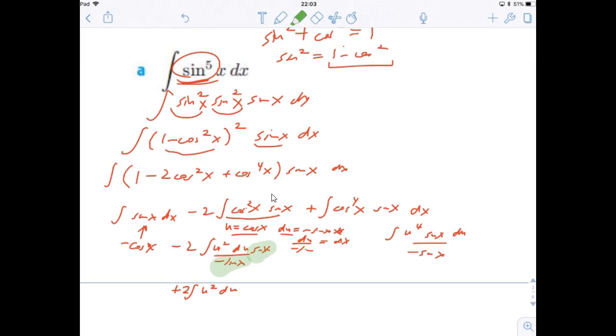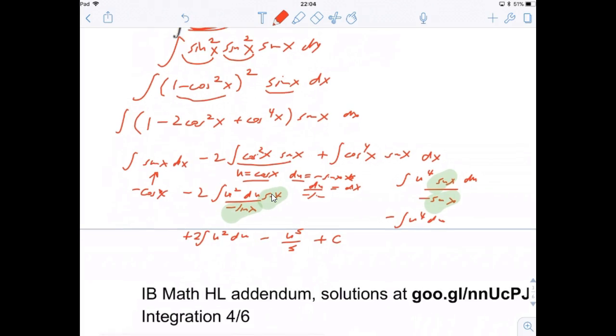So the sine x's cancel, and I'm left with negative integral u to the fourth du. My integral of that would be negative u to the fifth divided by 5 plus c. And then for u squared du, my integral will be 2u cubed over 3.